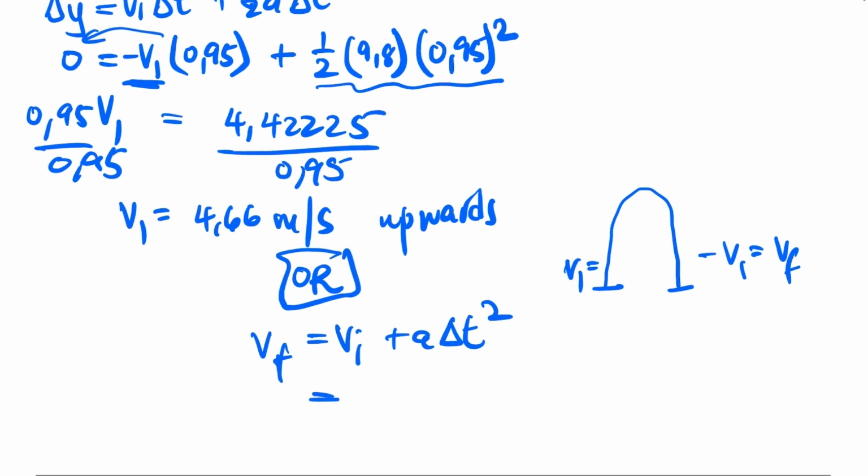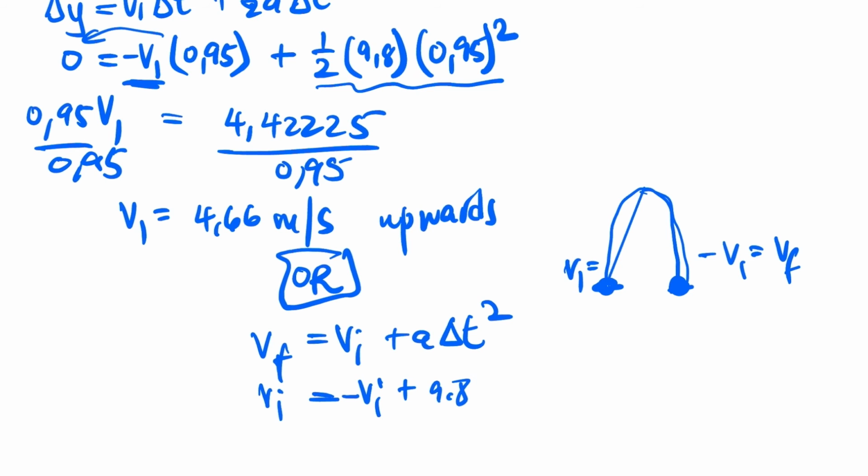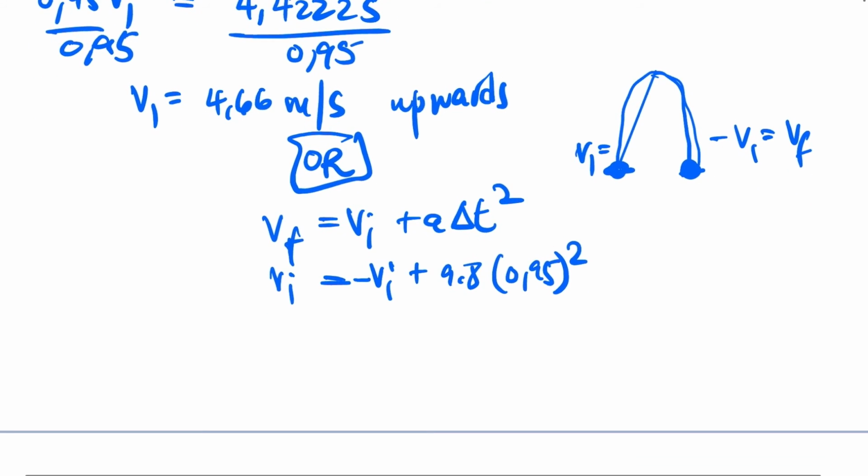So we say the final velocity is equal to the initial velocity. It's going to reach the ground with the same velocity but in the opposite direction. So the final velocity will be v initial, the positive one, and the v initial will be negative v initial, plus the acceleration, 9.8, and the time, 0.95 squared, and then we divide.